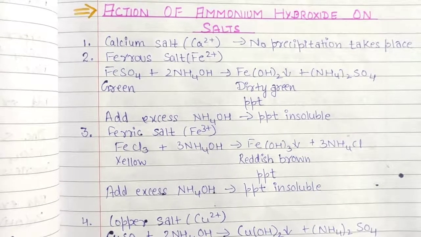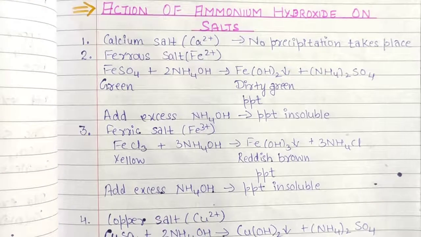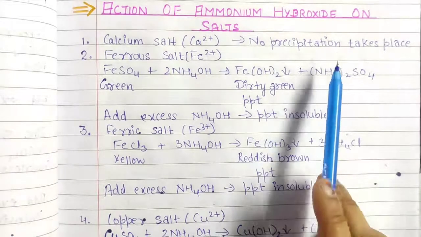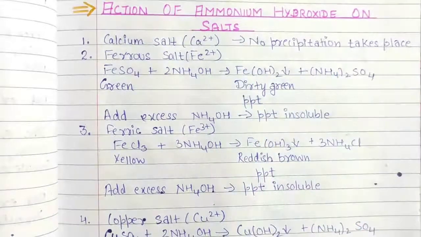Why does it not react? Because the concentration of OH- ions from the ionization of ammonium hydroxide is so low that it cannot precipitate the hydroxide of calcium.